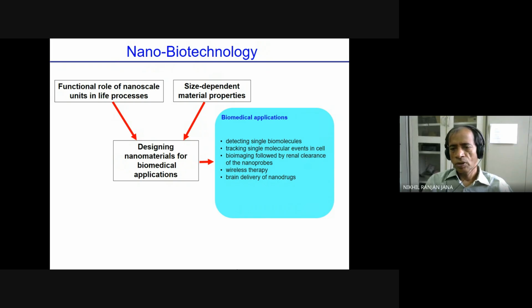For example, wireless therapy, brain delivery, detecting molecules at single molecule level sensitivities, tracking molecular events, video imaging of molecular events, what's going on inside cells, and many other things.